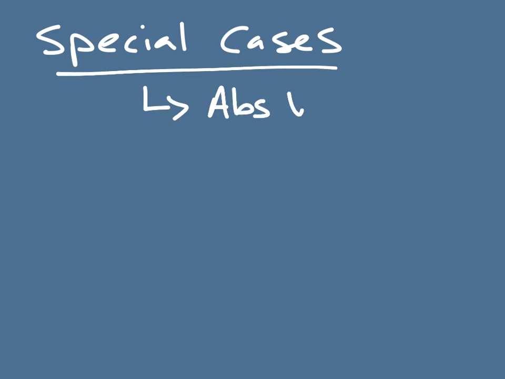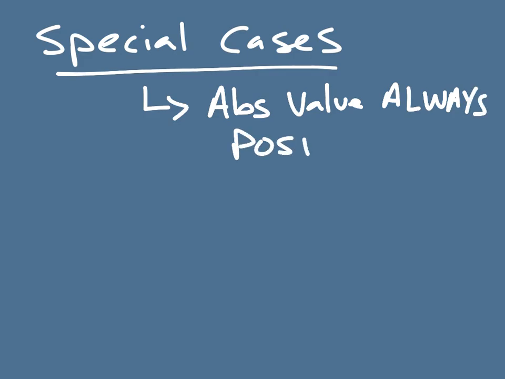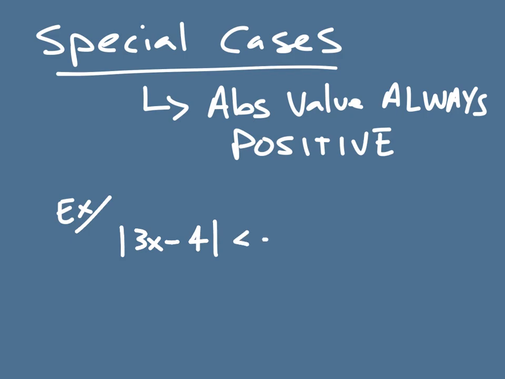Let's look at some special cases. One thing that we have to remember is that the absolute value is always positive. Here's why. We could have scenario 1, where you've got the absolute value of 3x minus 4 is less than negative 4.